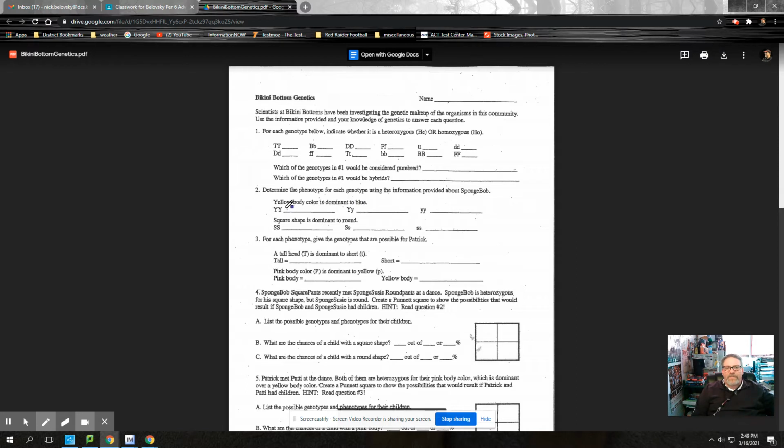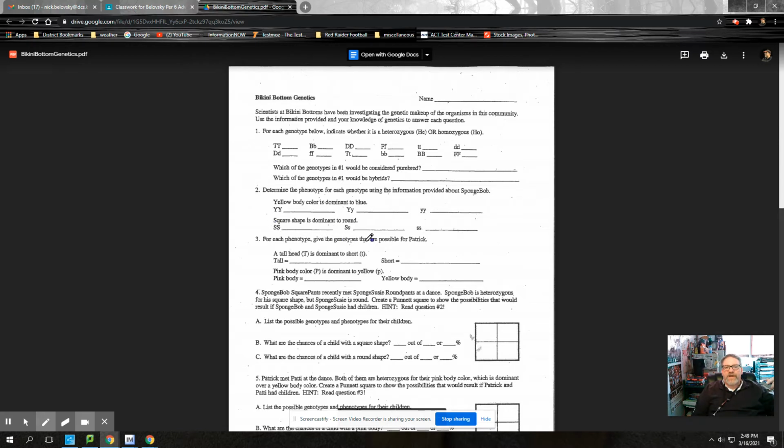So if you have big Y, what would your body color be? If you have little y, what would your body color be? Give you a hint. Big Y is dominant. Little y is recessive.